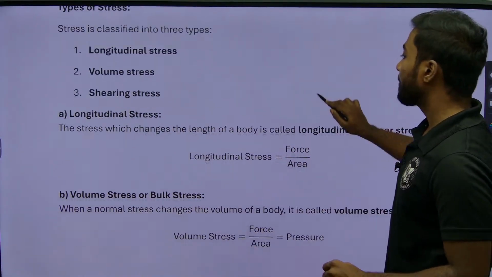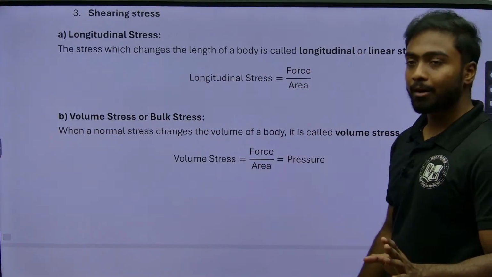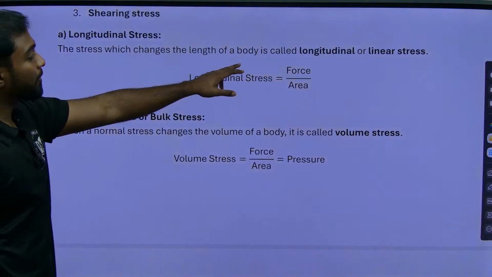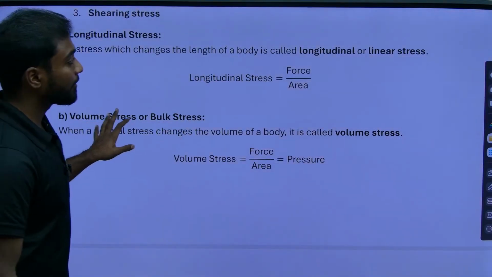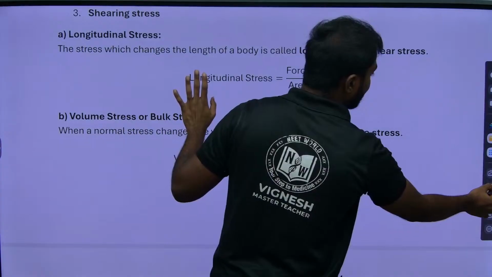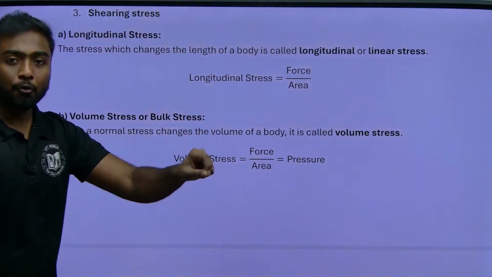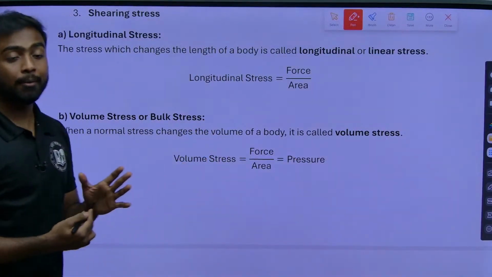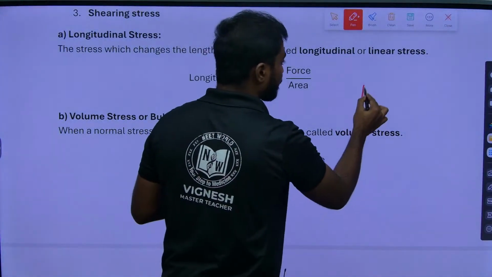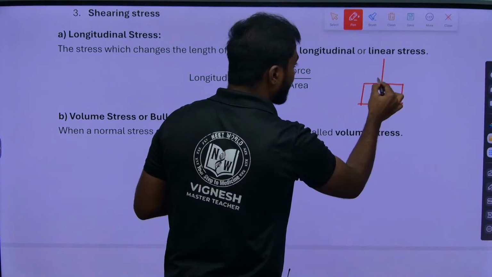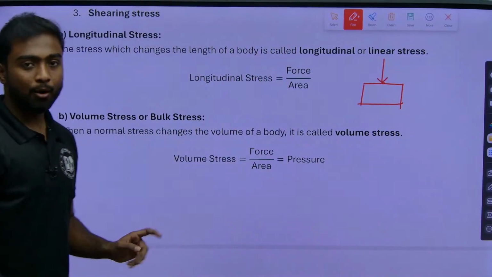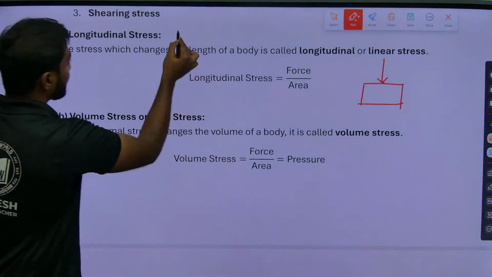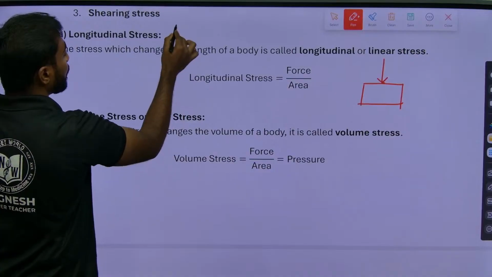Longitudinal stress is a stress which changes the length of a body, called longitudinal stress or linear stress. In simple terms, when we apply a force on a body, the applied force will be perpendicular to the body. This is about longitudinal stress.